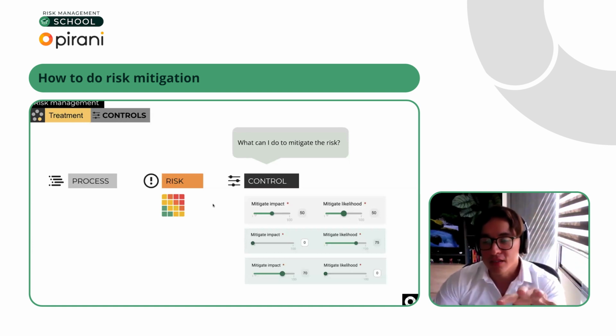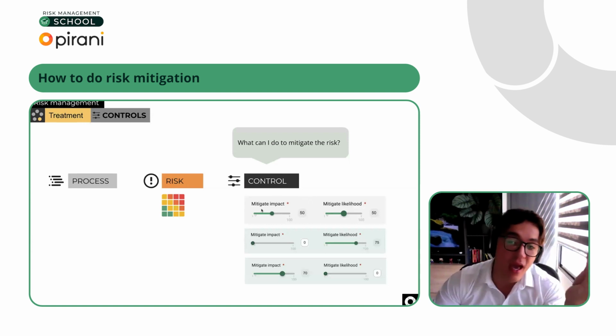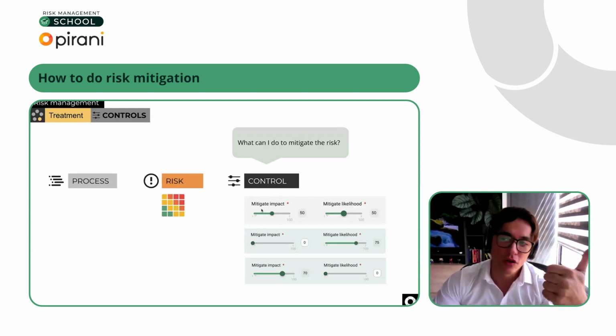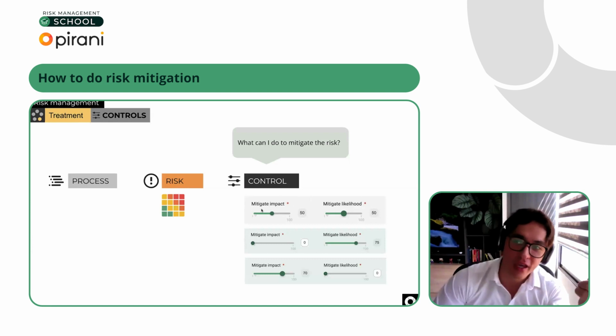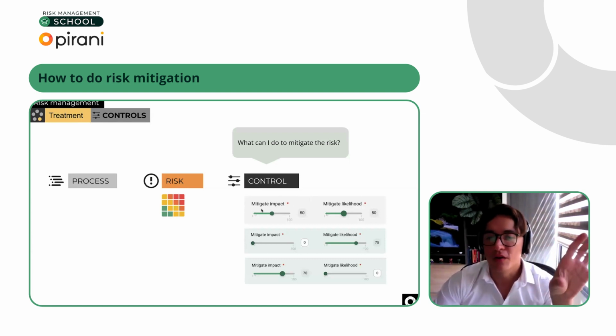So what can I do to mitigate the risk? I need to create or implement controls, and the best way is to have a layered control strategy. Maybe I have a preventive control, a corrective, a detective. The more controls that I have, the more I'm going to mitigate that risk from happening.